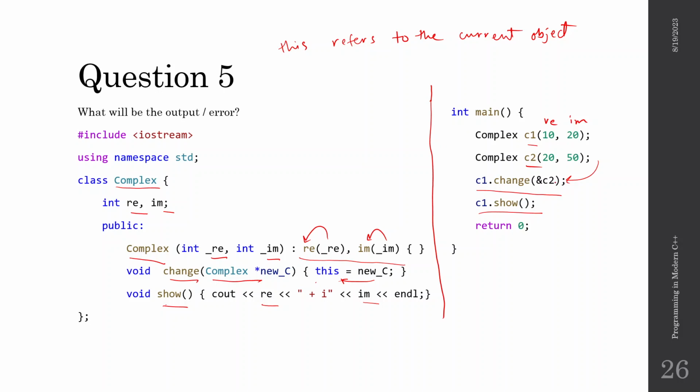Inside c1, this will refer to c1, but inside c2, this will refer to c2. It always refers to the current object. So obviously it does not make sense if we can modify the pointer, because then this whole concept will break.